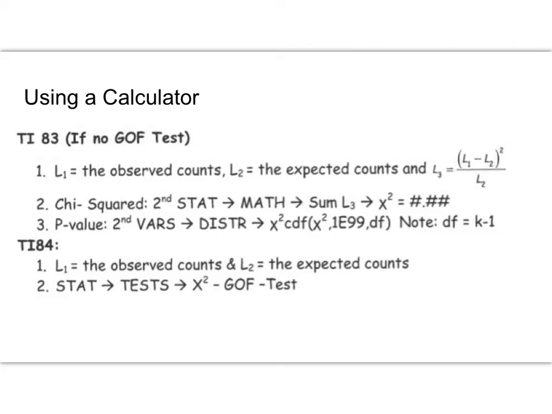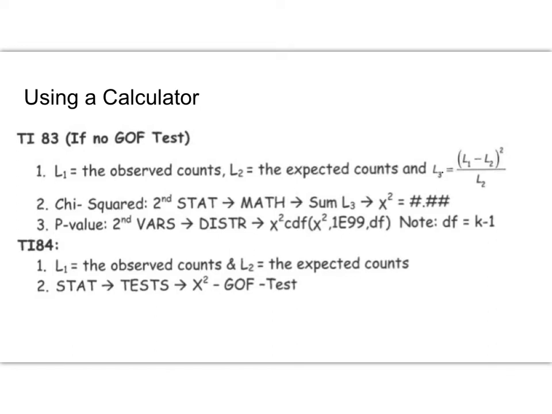Then you're going to put the observed in list 1, list 2, just like we did, and then you're going to calculate list 5, not list 3.